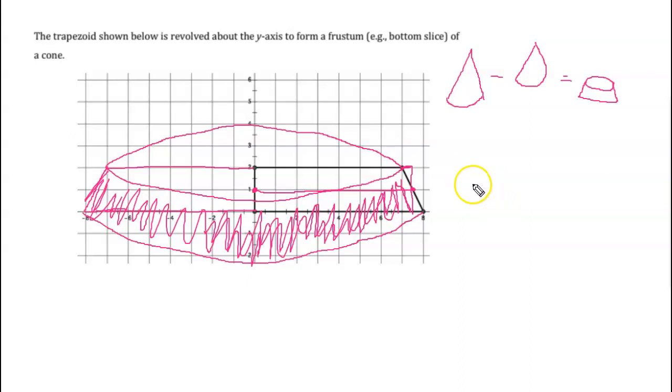And it is very similar to the formula for the area of a trapezoid. If we actually do 1/2 the area of the top base, because this area is a circle, but the bottom base is also a circle, so we're going to take the average of those two bases.